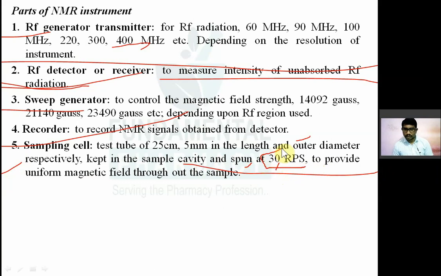So you have to spin the sample also, because whatever magnetic field is there, each and every corner of your sample should experience the same magnetic field. To provide a uniform magnetic field throughout the sample, your sample also you have to rotate.